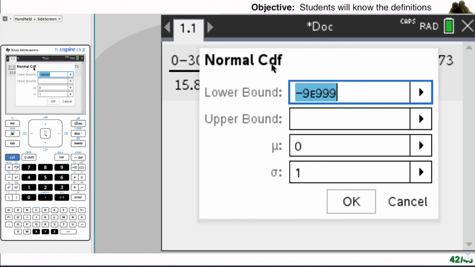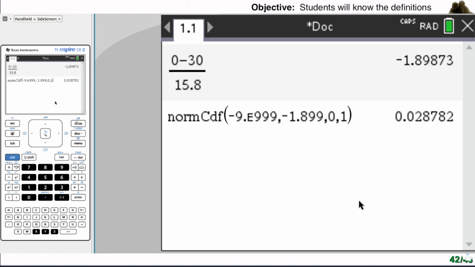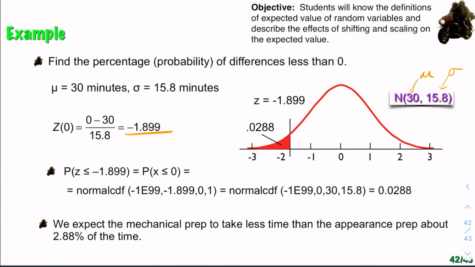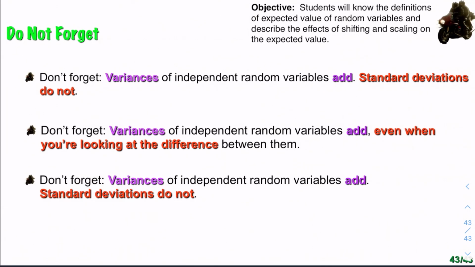I want everything below, all the way up to negative 1.899. I've standardized this with a z-score, so it's from 0 to 1. I hit Enter, and I see that I have a roughly 2.87% chance of having the appearance work take longer than mechanical work. So we expect mechanical work to take less time than the appearance about 2.88% of the time. Notice we're interpreting that answer in context.